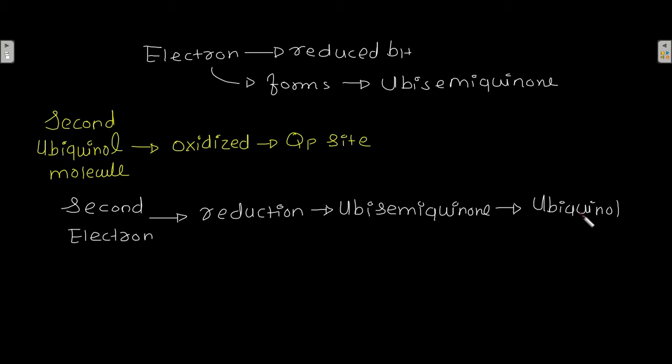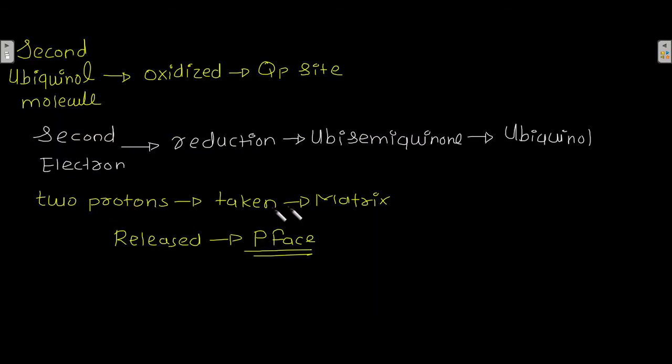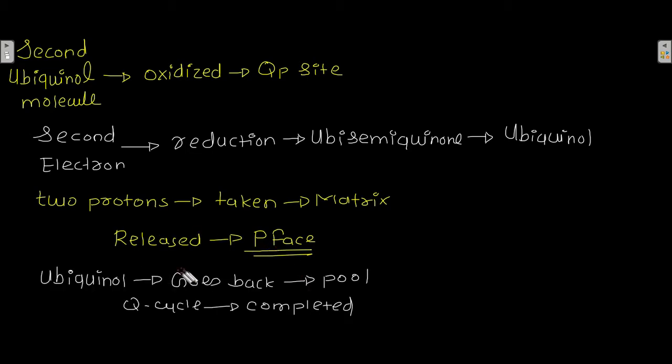Two protons are taken from the matrix and then released at the P phase. After this, the ubiquinol goes back to the pool, and that is how the Q cycle is completed.